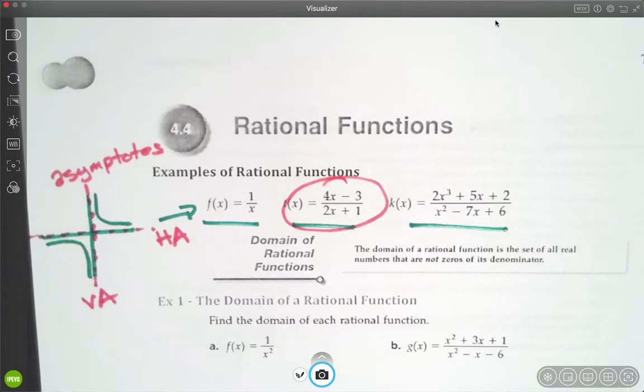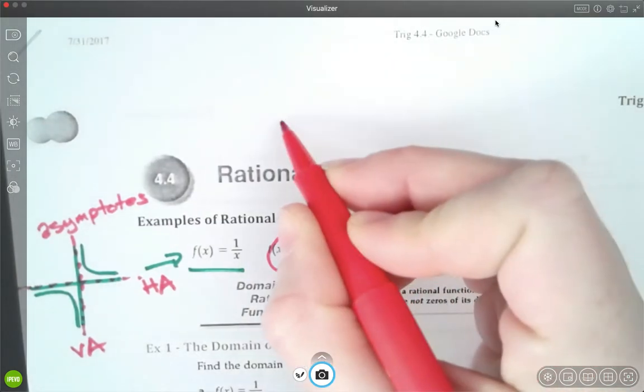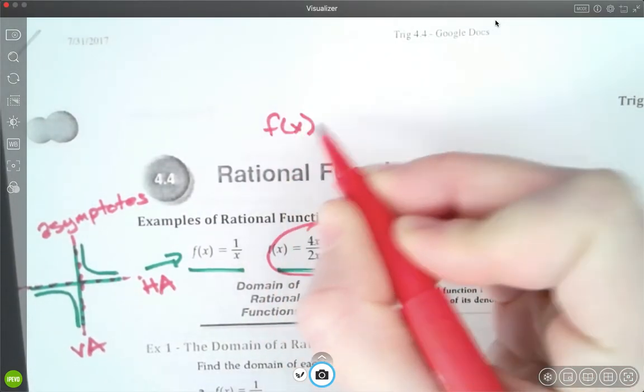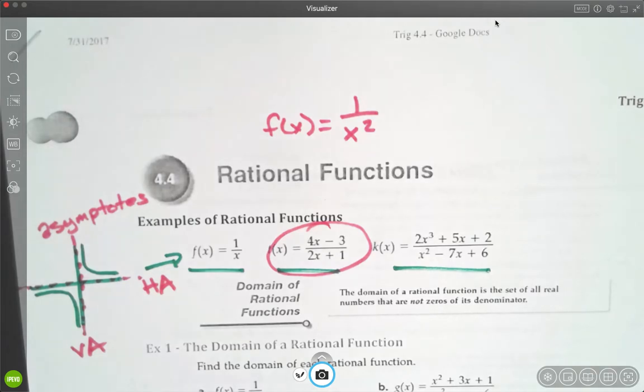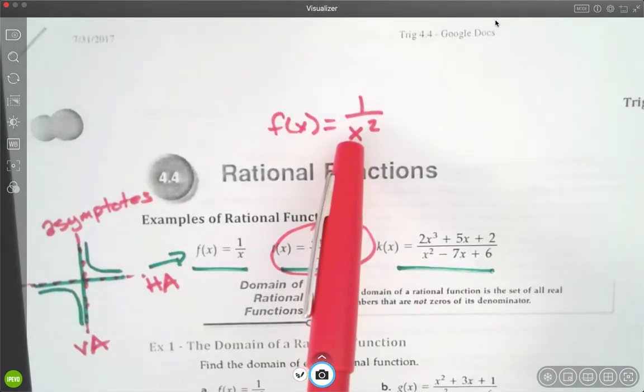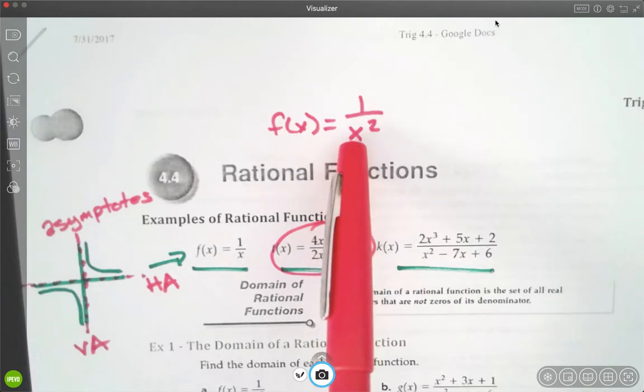Now, one other weird thing is that if you have f of x equals 1 over x squared, instead of 1 over x, he looks a little bit different. You know how he has changed? Any suggestions? Think about it: if I'm plugging negative numbers in for x, and I square him, he's only going to be positive, right?